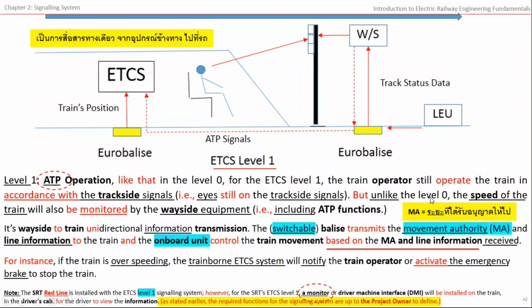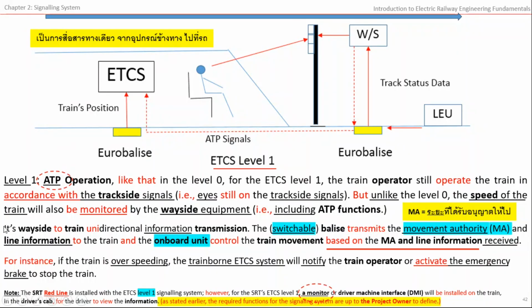But unlike level 0, the speed of the train will be monitored by the wayside equipment, including the ATP function. ATP means automatic train protection, which is one of the important signaling functions that we need to perform.